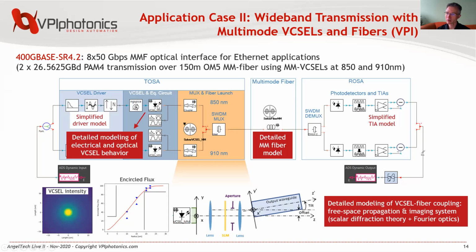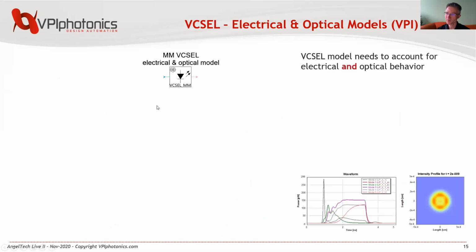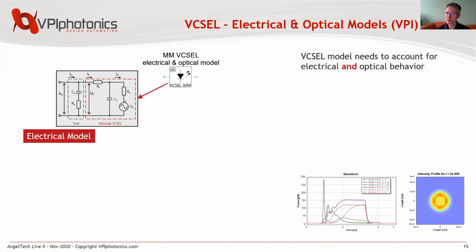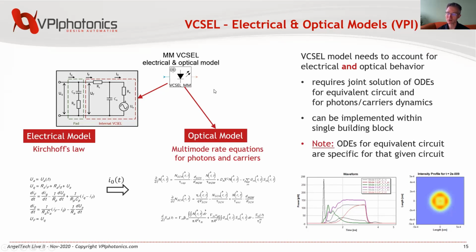So let me now come to this VCSEL model in a bit more detail. For the VCSEL, as it is a very complex model, it has an electrical model and an optical model. The electrical model would emulate the characteristics of the VCSEL as it is seen from the driver driving the VCSEL, and the optical model would then take the input from the electrical part, so basically the driving current here, and then relate this to the photon and carrier dynamics in the laser.